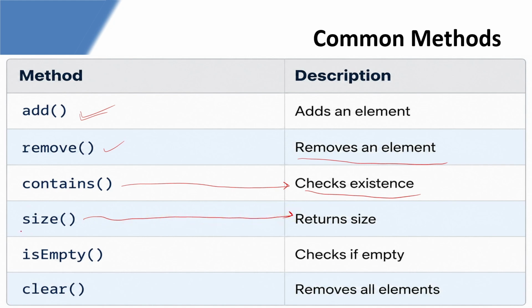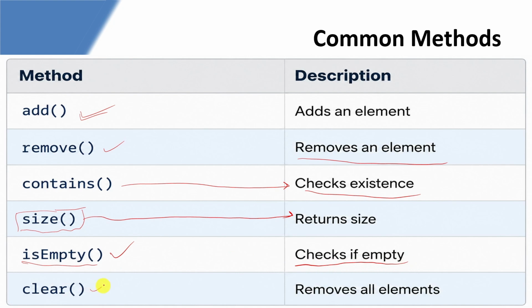While solving coding problems in later videos, the size method will be used mostly to check the size of the particular implementation class, in this case hash set. And isEmpty will also be used in coding problems; it checks whether the hash set is empty or not.